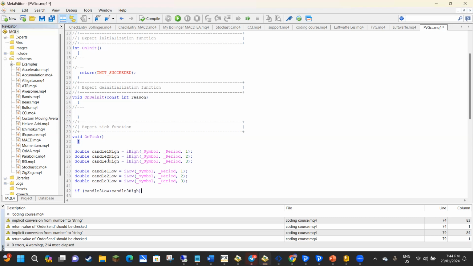The other criteria we need is the open price of the middle candle and the close price of that middle candle. That's the same thing, except instead of iHigh, we'd be looking for iClose. There's an iClose code, so that would return the close value.